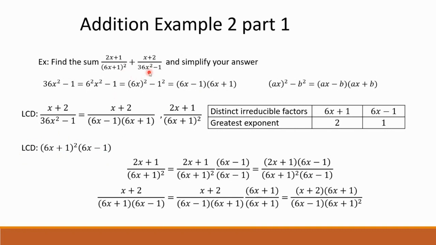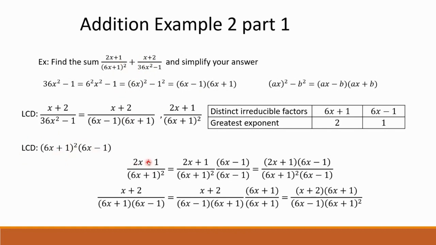So remember, we want to add these, right? Well, we have to have a common denominator, just like fractions of integers. And this is our common denominator, the LCD. So we have to rewrite each rational expression, excuse me, so that the denominator becomes this.